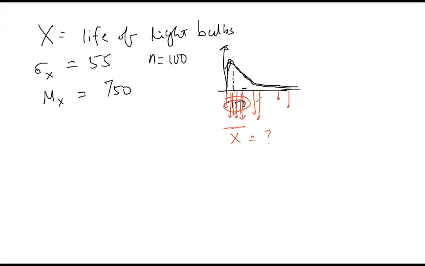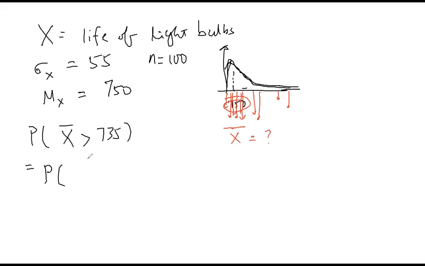So every time you do this, it will be different, right? So you want to have some idea about the chance of your sample mean falling between certain intervals. For example, here you want to find the chance that my sample mean will be more than 735.